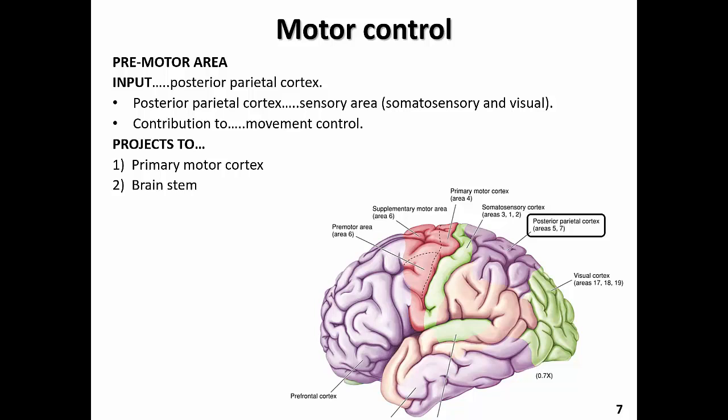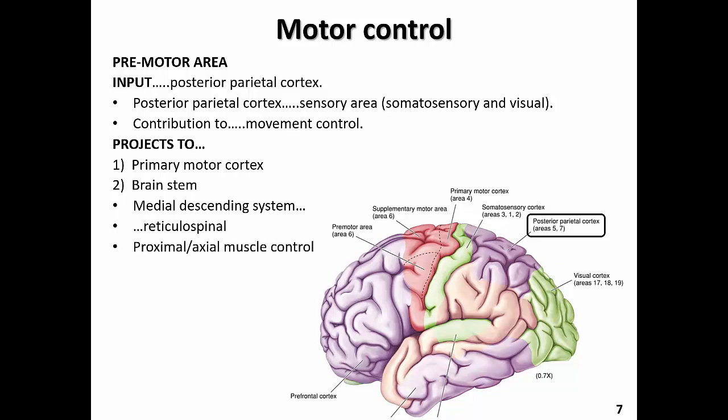And these will also project to the brainstem and are involved in the medial descending system. That medial descending system is the reticulospinal pathway, and that's the pathway that is involved in the activation of not just the more medial and proximally located muscles, but muscles that are important in the maintenance of upright posture.